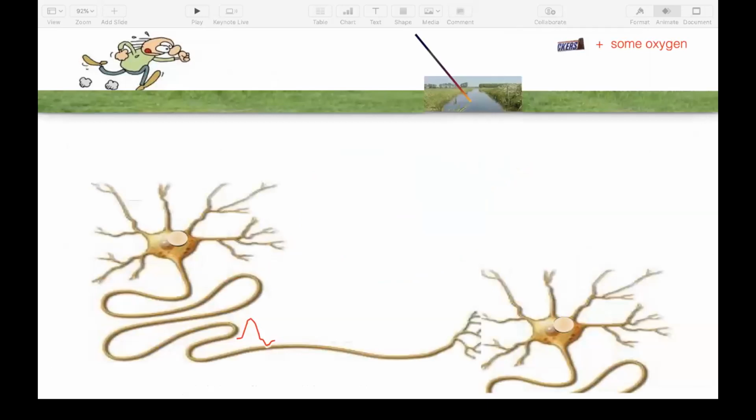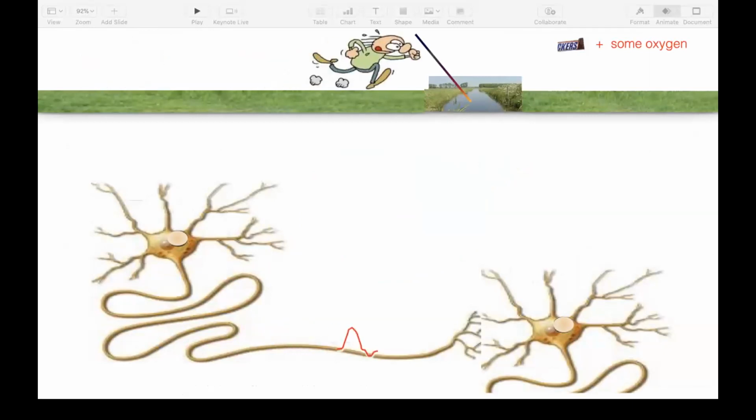Now, the observation is, and this is essentially already a summary of the answer to the question I just posed. In essence, this is the situation that occurs if there is a limited availability of glucose and oxygen. It is shown from experimental data that this process does not fail at the first moment.